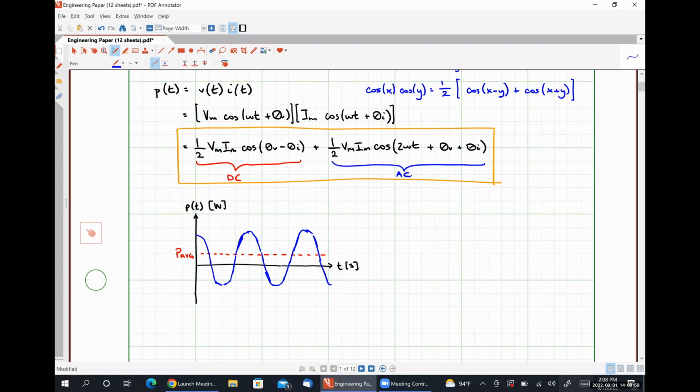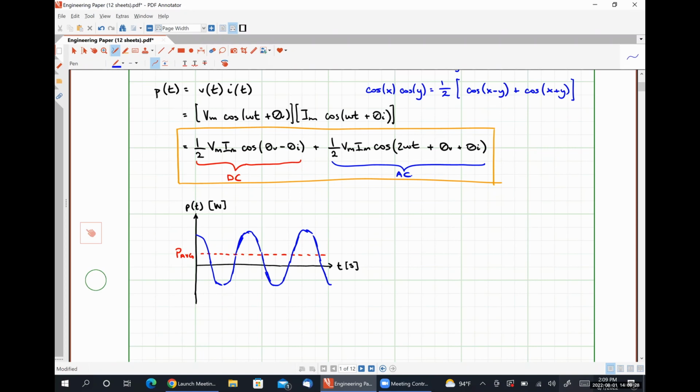This equation is our generic equation for instantaneous power, in that it will work for anything. Doesn't matter if it's a source, resistor, capacitor, inductor, some combination of elements. This is a generic equation that works for literally anything, as long as we can express the voltage drop across the network and the current flowing through the network in terms of a phasor voltage and current, we are good to go.